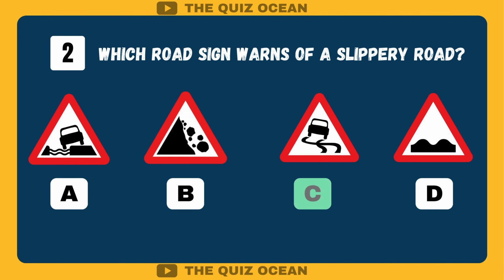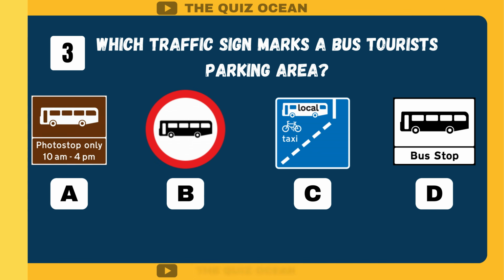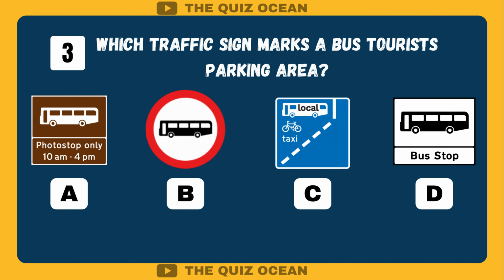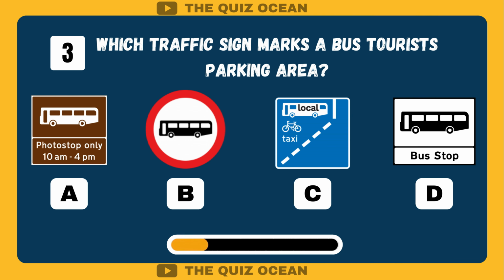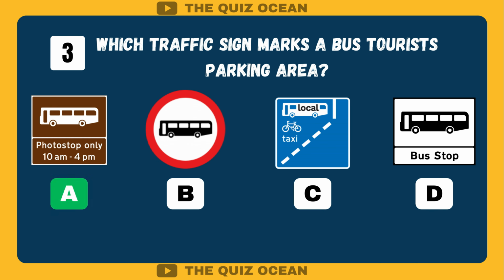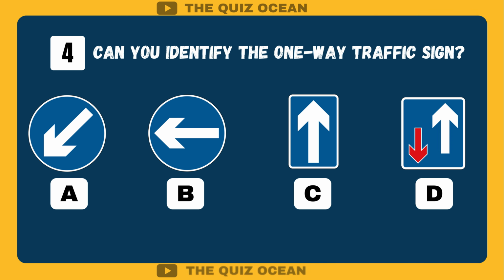The answer is C. Question 3. Which traffic sign marks a bus tourists parking area? The answer is A.